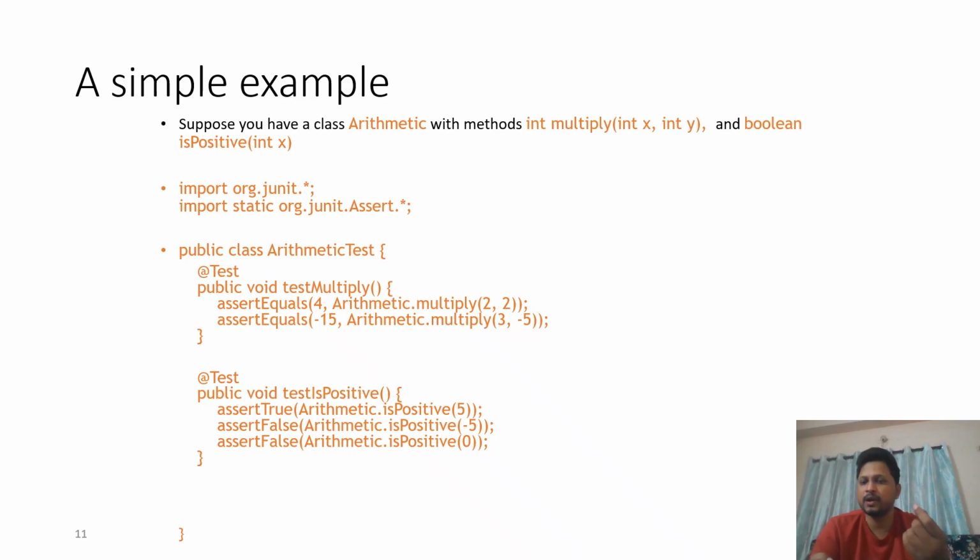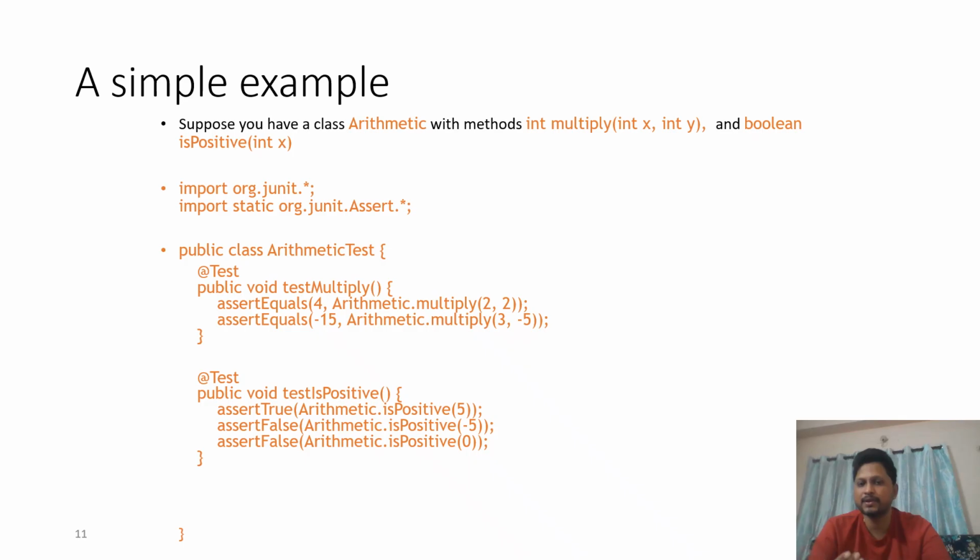to check that the multiply of 2 and 2 should be 4. I am validating that with assertEquals against whatever logic I have in the multiply method. I provide the two values and validate the result using assertEquals.